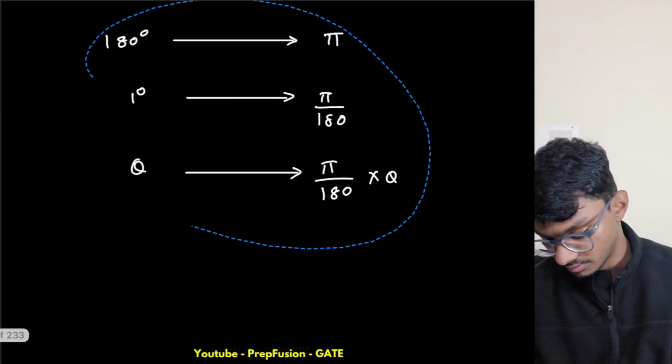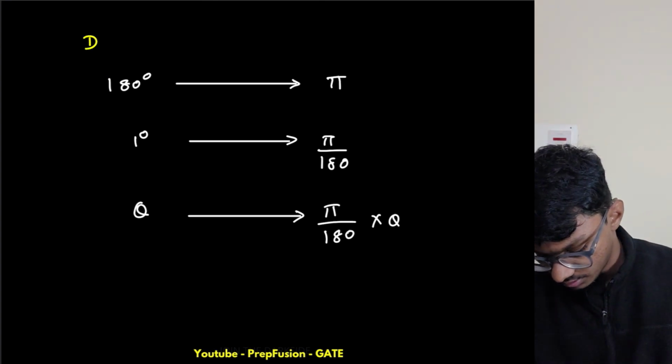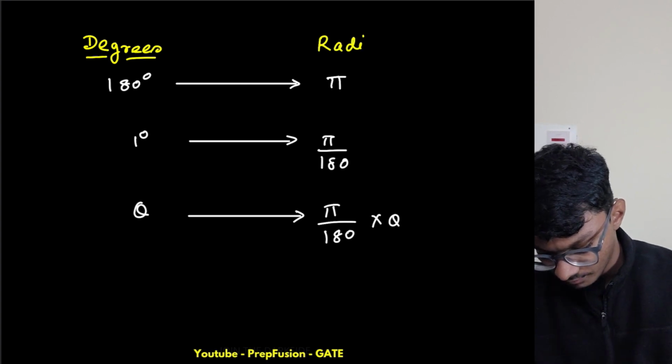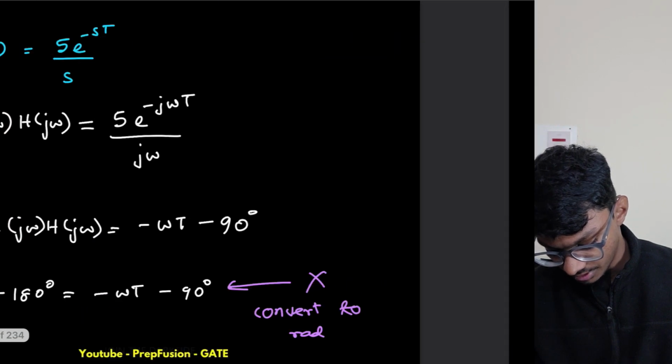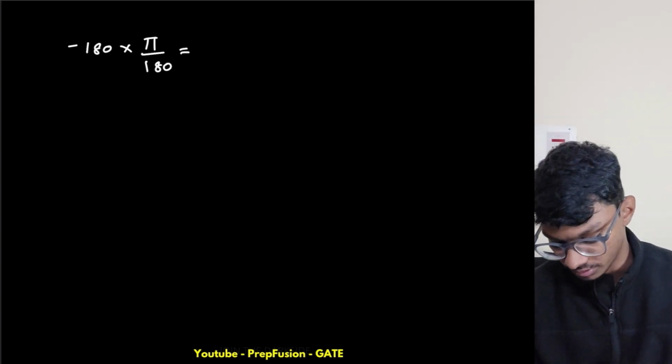So let me name this one as degrees and this one is in radians. Basically what you do is minus 180 into pi by 180, obviously we know this is minus pi, but to make you understand I'm doing this slowly.